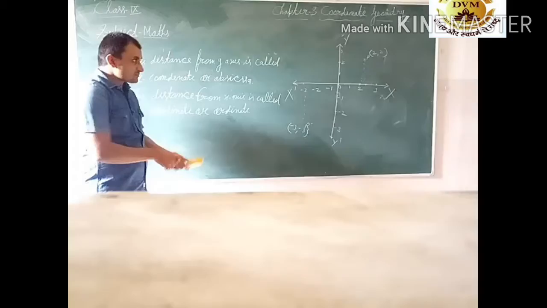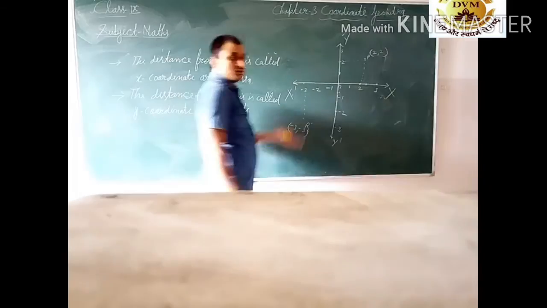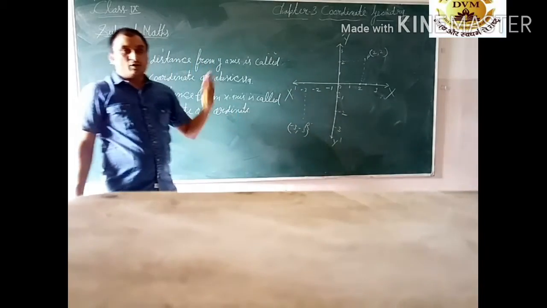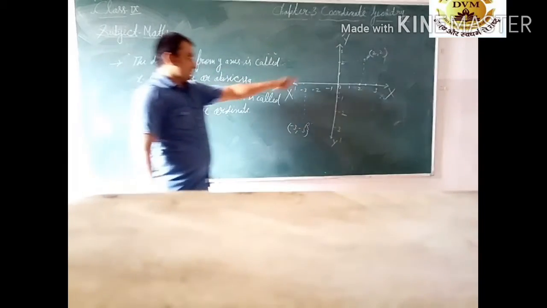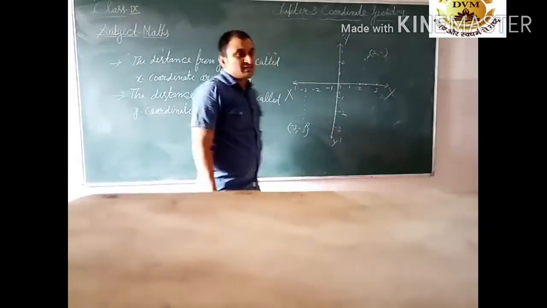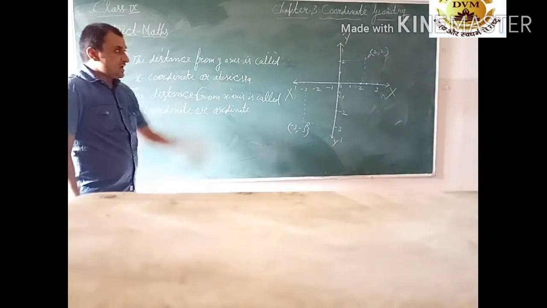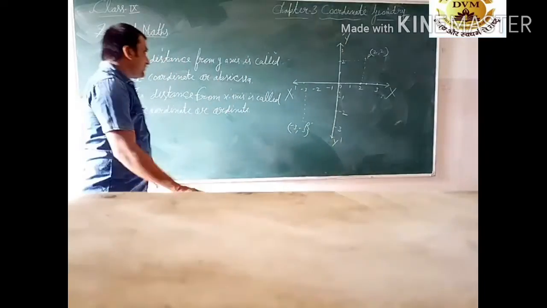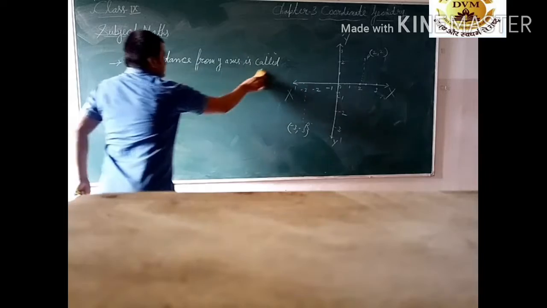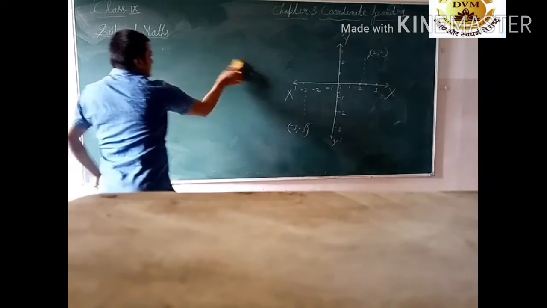Understood? Now I have just told you about coordinate geometry, ordered pairs, the vertical line, the horizontal line, what the x-axis and y-axis are, and what a point is. Now we will discuss the Cartesian system. What is the Cartesian system?